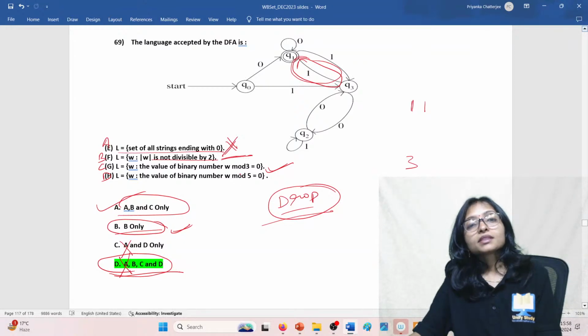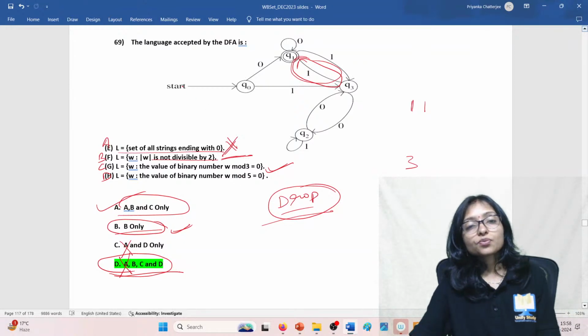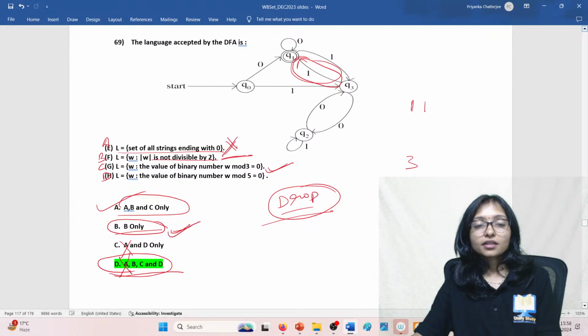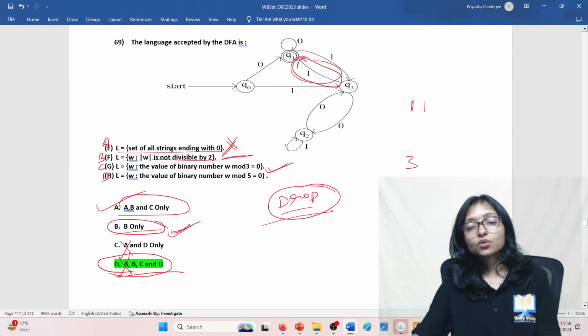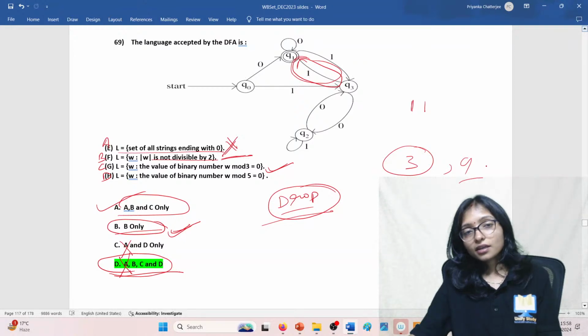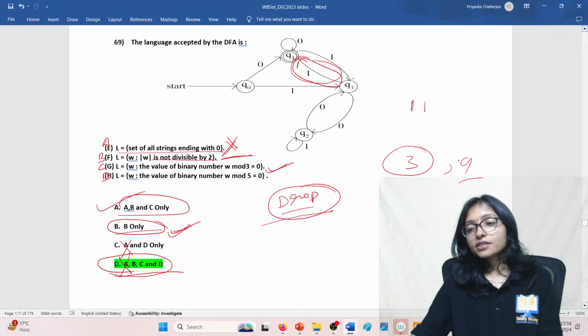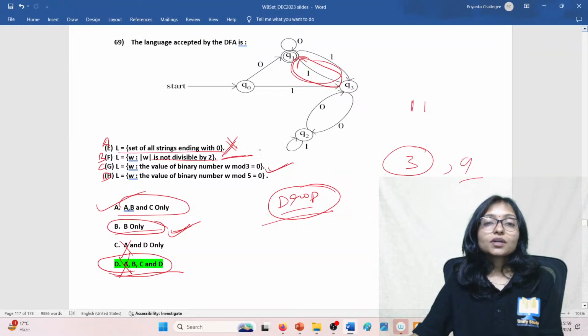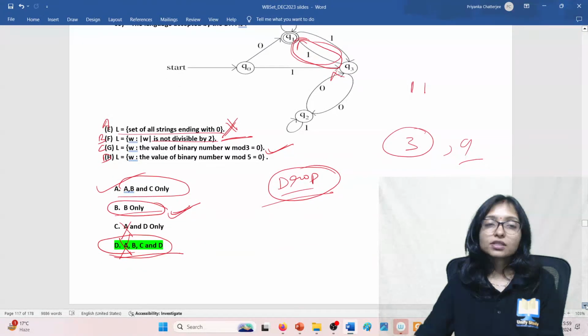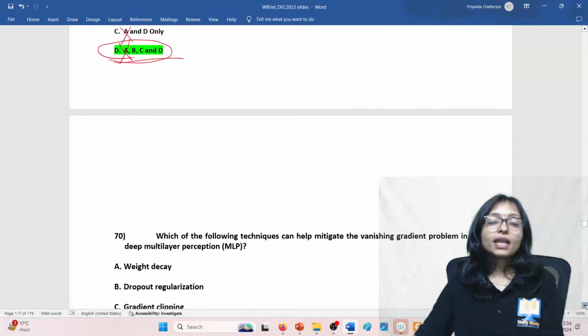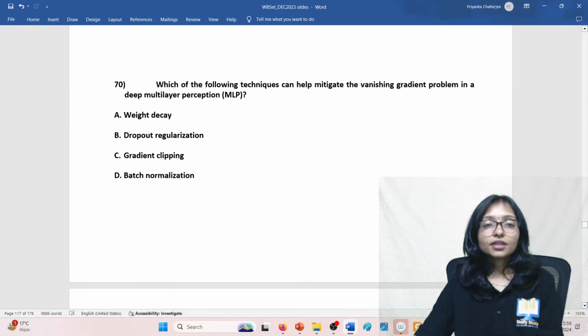According to us, this one can be correct, because A is false: not all strings end with 0, because 3 was accepted, 9 was accepted. So if this is it, then it will be the answer. But although it was dropped, for our learning purpose we should learn everything.